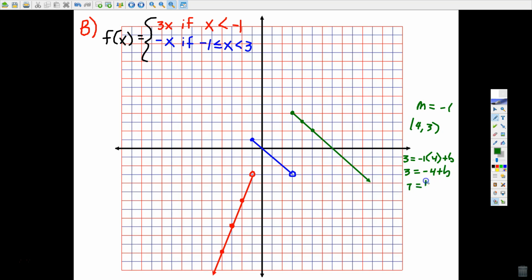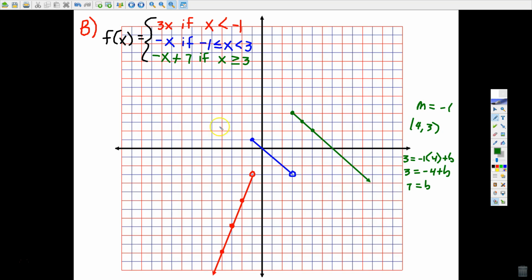Add 4 to both sides, and you get b is 7. So you put it all together, and you get f of x equals the slope, -1, x, and then plus the y-intercept, which we found to be 7. But this is true only if our values for x are greater than or equal to +3. Okay, here's 3. +3 is included.